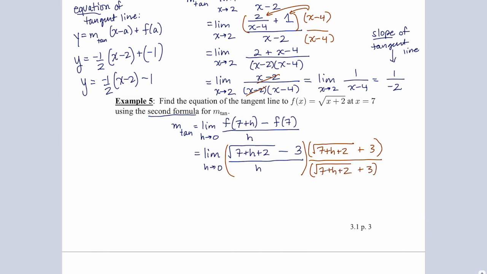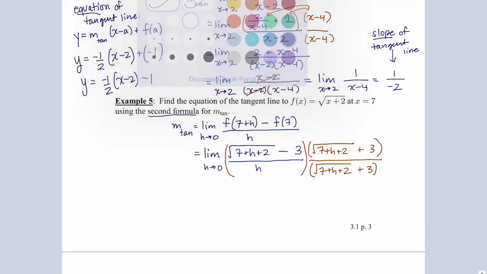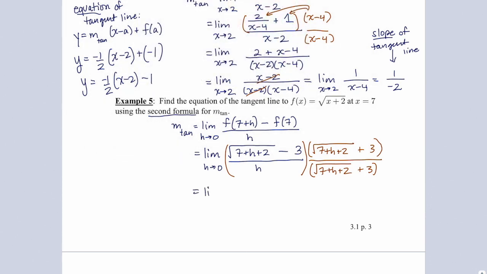We continue to leave the denominator factored, but we simplify the numerator. In the numerator, we want to use a squared minus b squared pattern because we have a product of a sum and difference of the same terms.